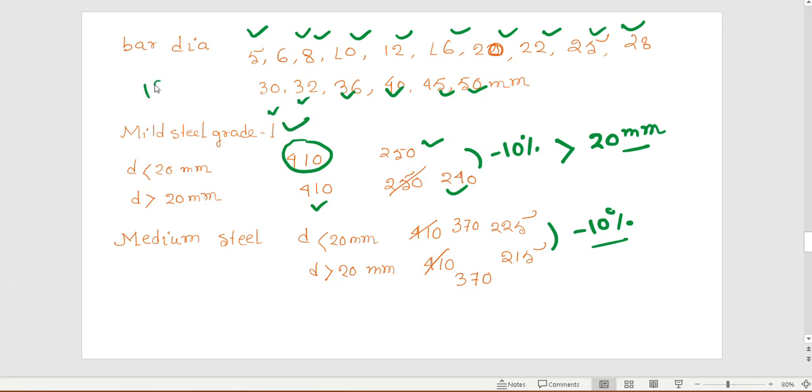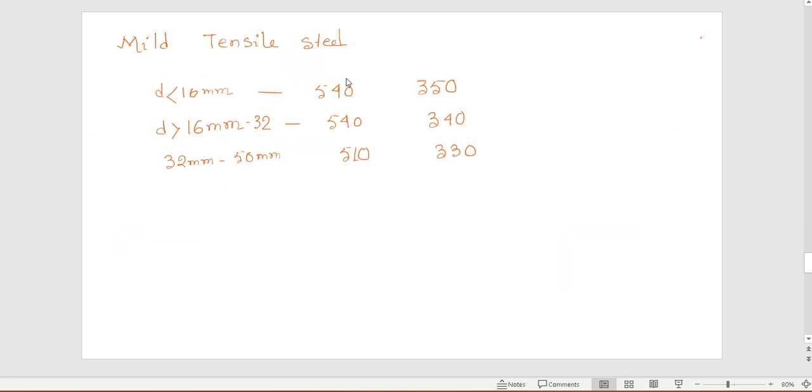You can check it in IS 432. For the mild steel bars, D less than 16 millimeter, 540 which is Fu, and A5 is 350, and between 16 to 22, 540 to 340, 32 to 50, 510 to 330.